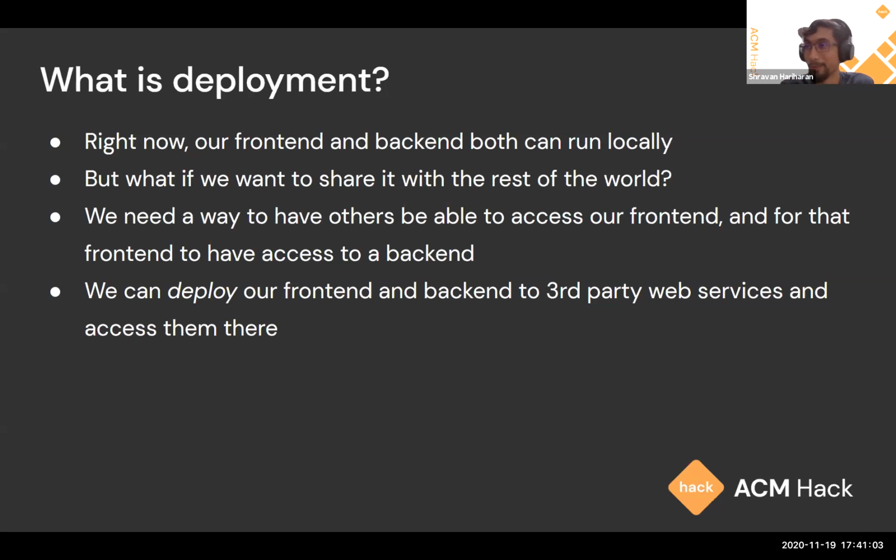The problem is no one can access our application but ourselves. Well, that may or may not be a problem, but ideally you want other people to view your application. So how we do that is we deploy our front end and our back end to different servers using third-party web services, where users can visit a specific URL and actually see our website.